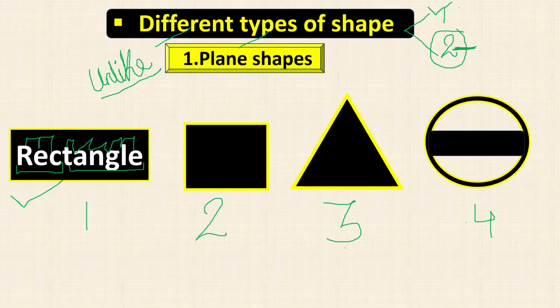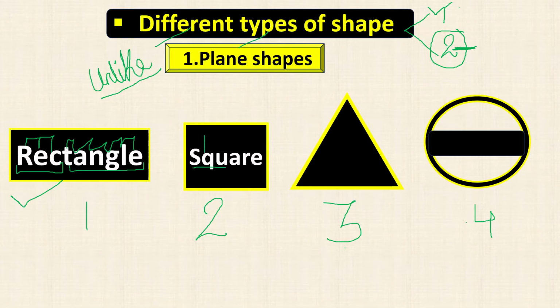We consider both in one frame as a rectangle. Clear? Next one is a square.